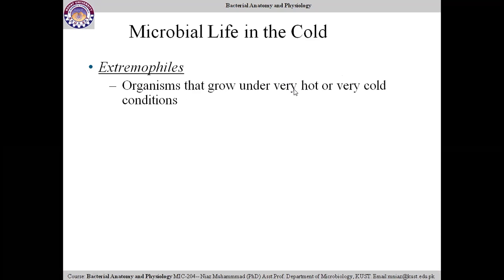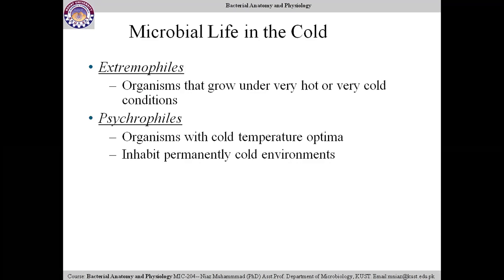Organisms that grow under very hot or very cold conditions are called extremophiles. And psychrophiles, organisms with cold temperature optima, inhabit permanently cold environments. Psychrophiles are those microorganisms which can live at very cold temperature.